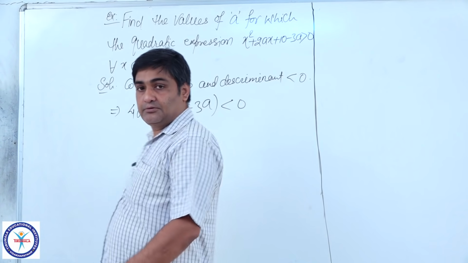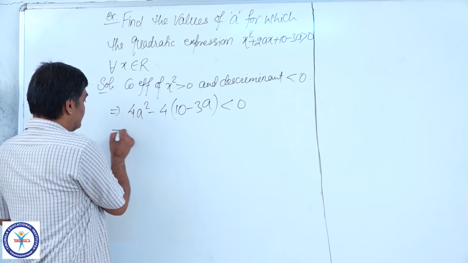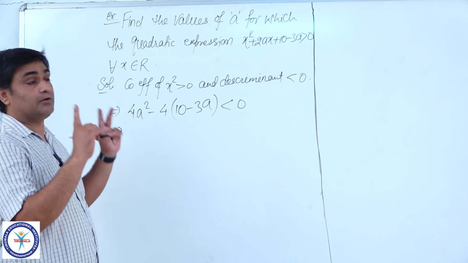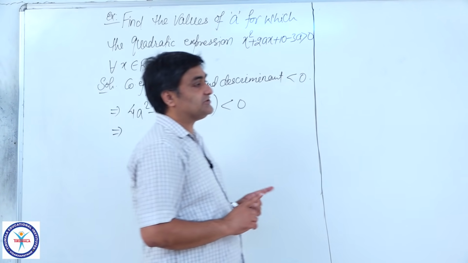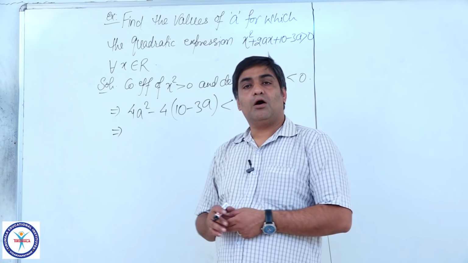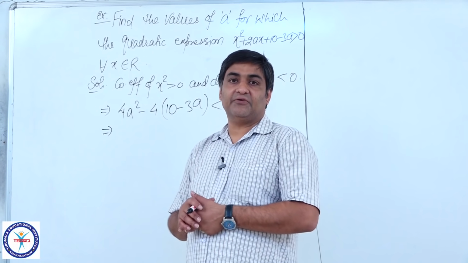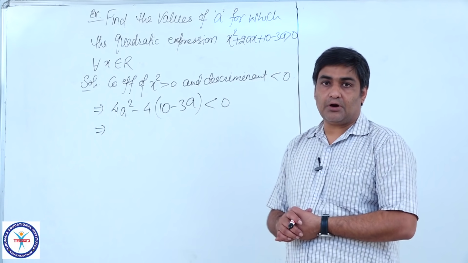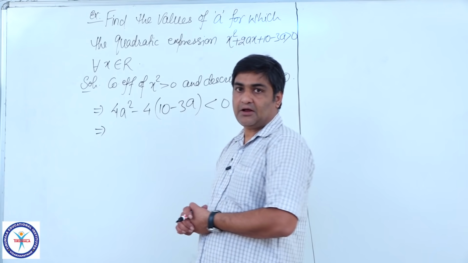Okay. We can divide by 4 also. Dividing by 4 will not change the inequality. Why? Because multiplying or dividing by a positive number does not change the inequality.